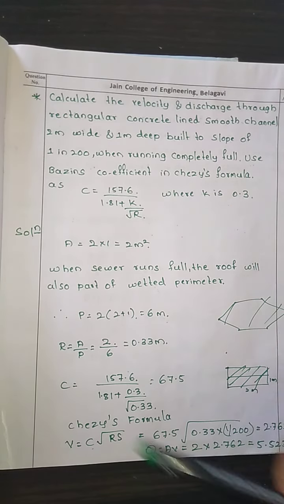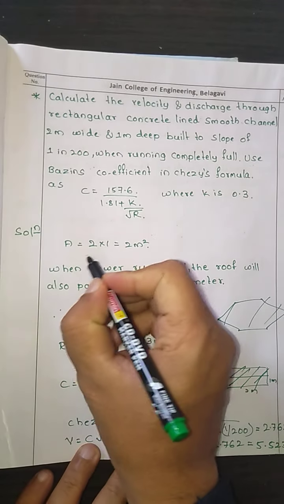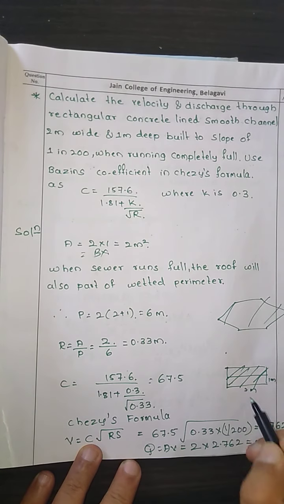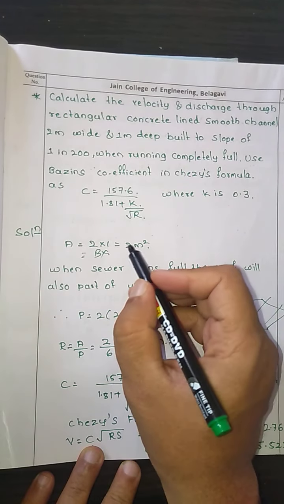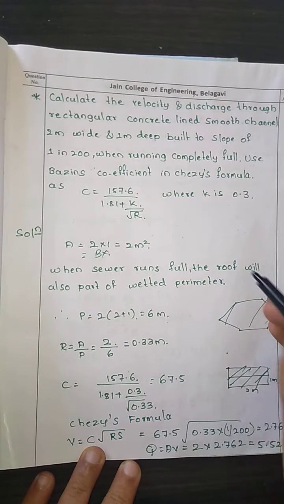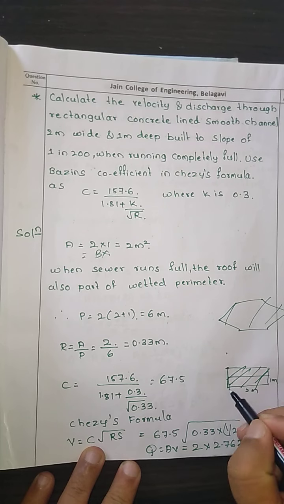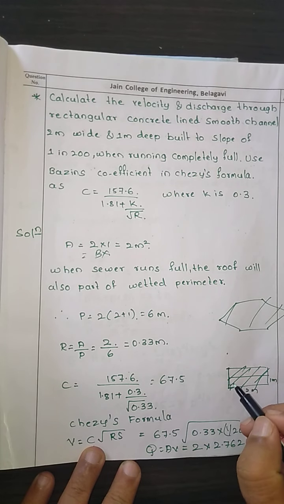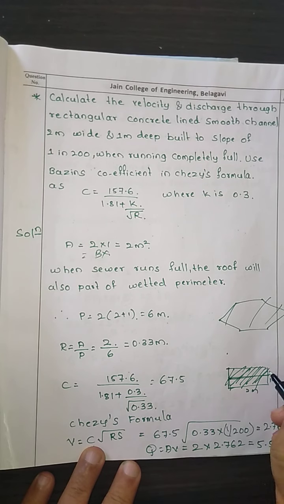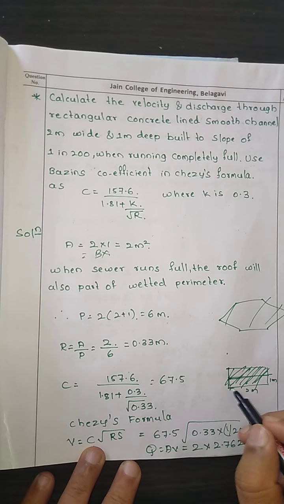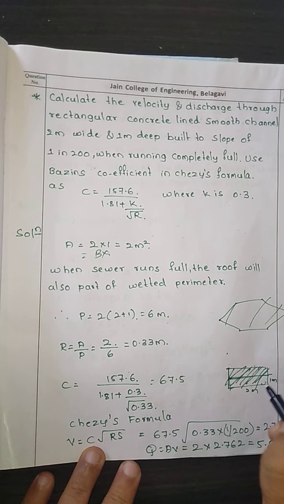Now area is equal to breadth into depth here. Breadth is 2 meter and depth is 1 meter, so 2 meter into 1 meter is 2 meter square. Now when the sieve is running full, the wetted perimeter is going to cover the entire area, that is, both the perimeters will be completely wetted. So here 2 times the width and 1 times the depth.